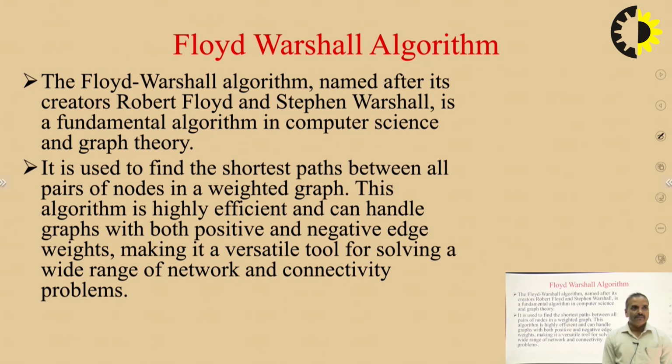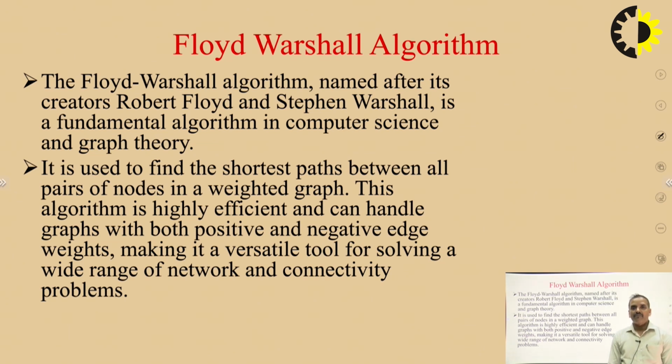Floyd's Warshall algorithm. The Floyd Warshall algorithm, named after its creators Robert Floyd and Stephen Warshall, is a fundamental algorithm in computer science and graph theory. This algorithm is used to find the shortest path between all pairs of nodes in a weighted graph.